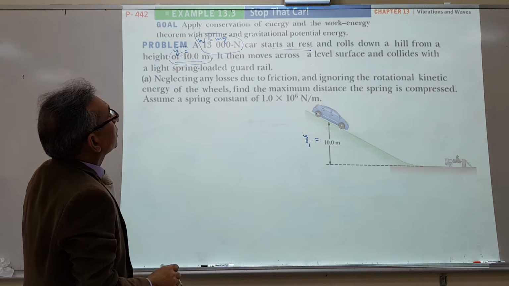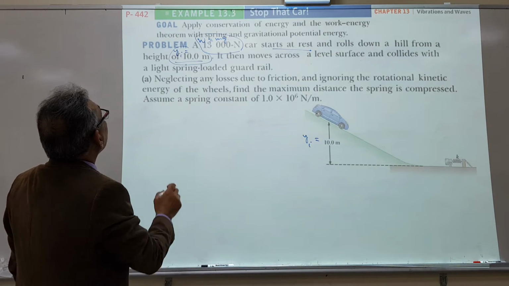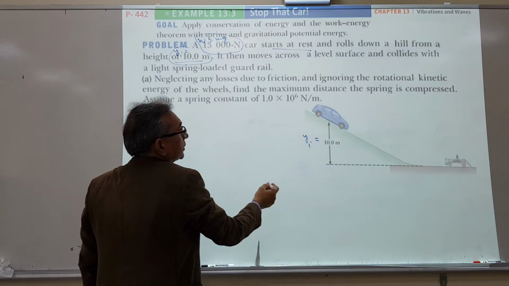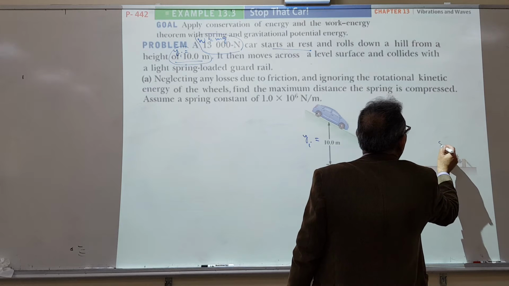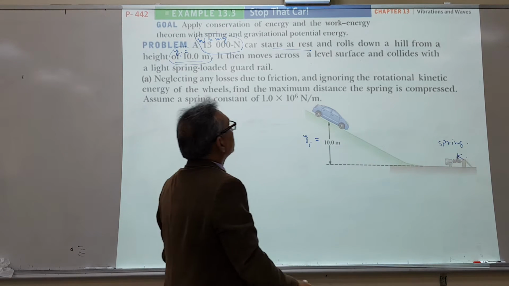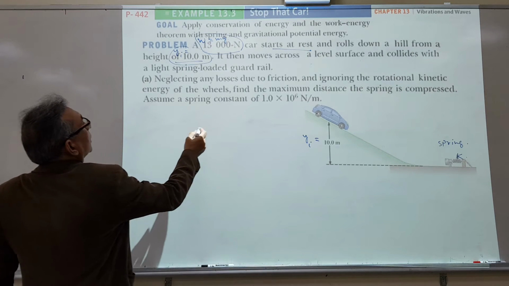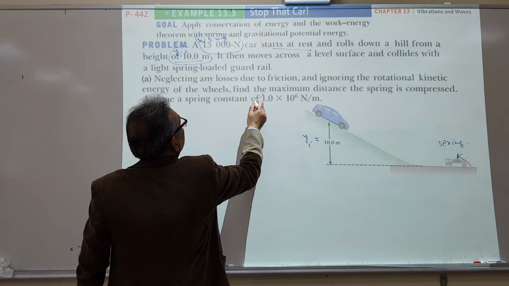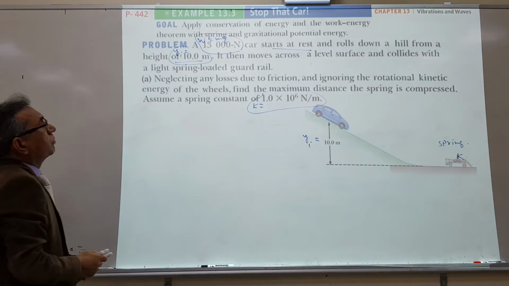It then moves across a level surface and collides with the light spring-loaded guard, so this is your spring with spring constant k. K is given to you in Newton per meter.